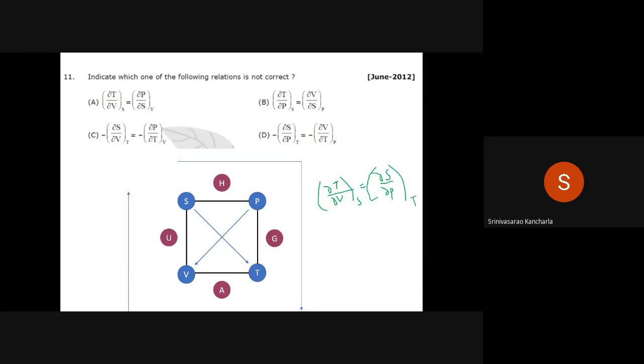Do you have this relation anywhere? No, right? And this will be a negative sign. Whatever goes up you take as negative, whatever goes down take as positive. Now you try to solve based on this. TDS, TPS.